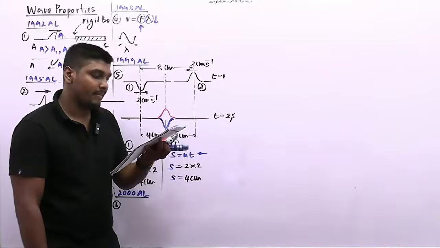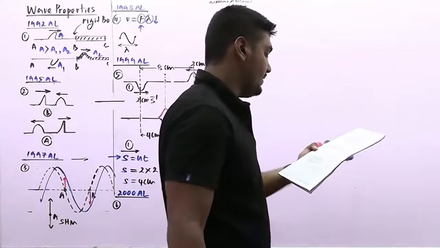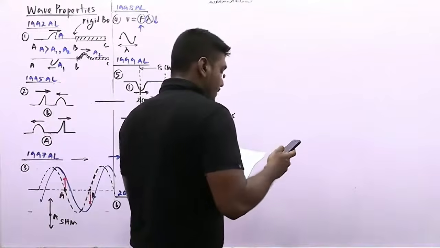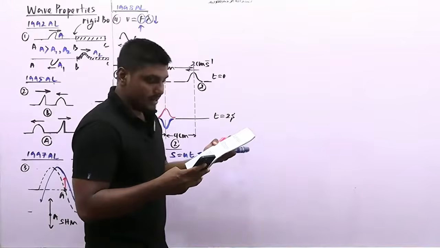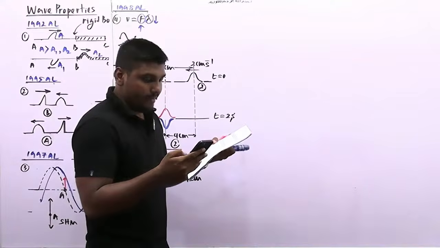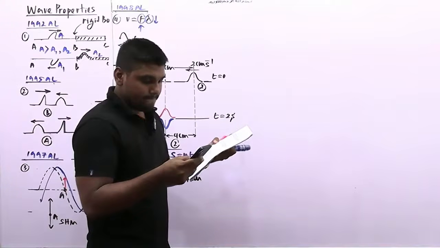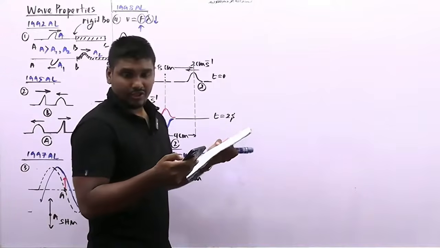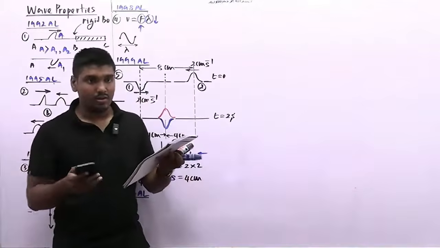Now I think the diagram is missing, a small diagram is missing in that question. Do you have any PDF? If someone has the PDF, I can't find it now.